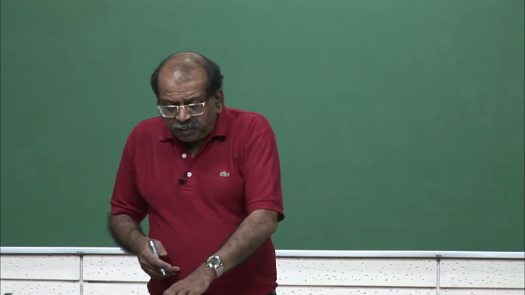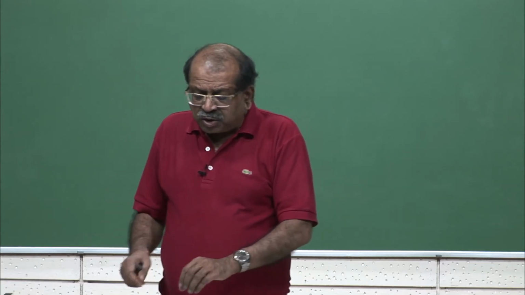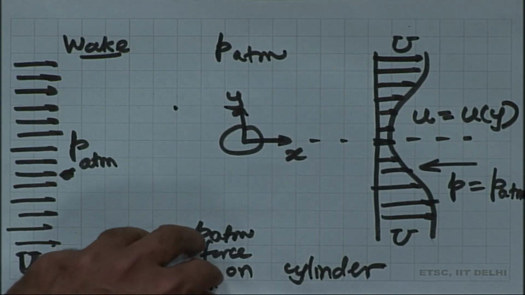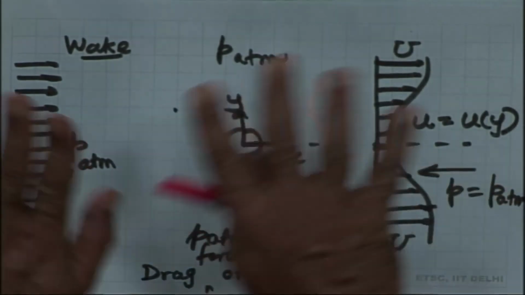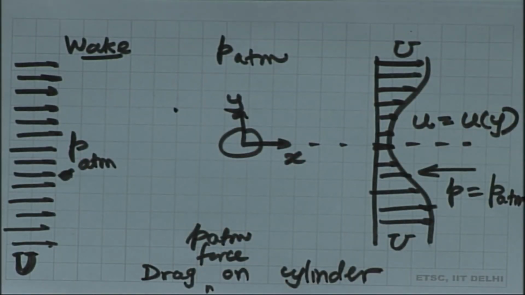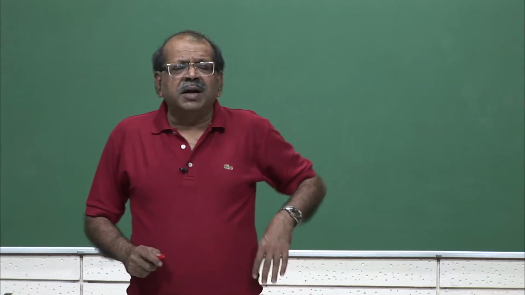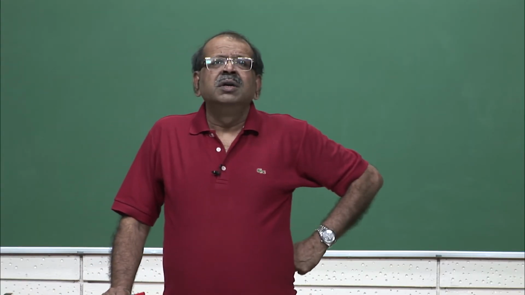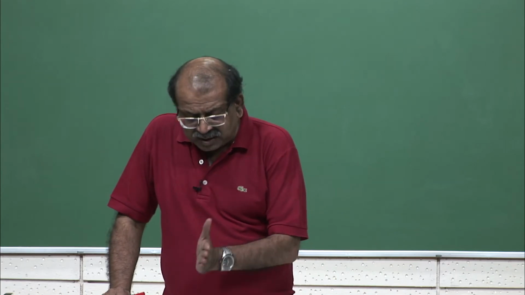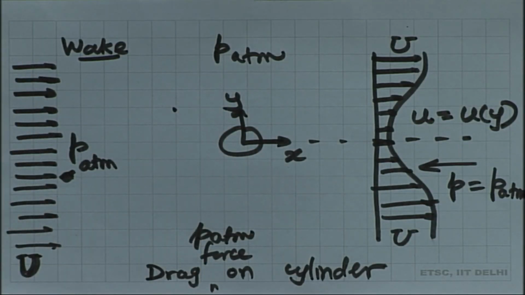Now, if you have to find the drag force on this cylinder, that is the problem given to you. So, this is the problem which is specified. It is told to you that you assume pressure is P atmosphere far away all along. The velocity profile at the start at the left end is uniform, capital U constant.